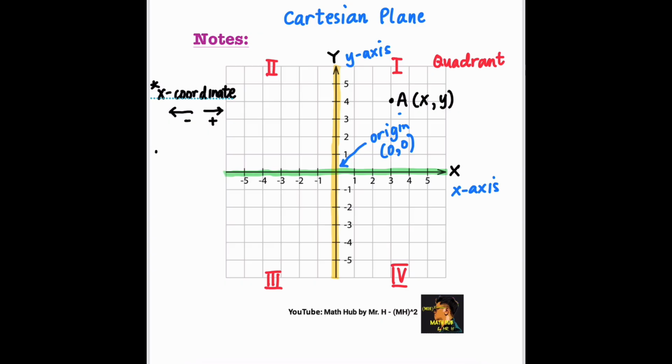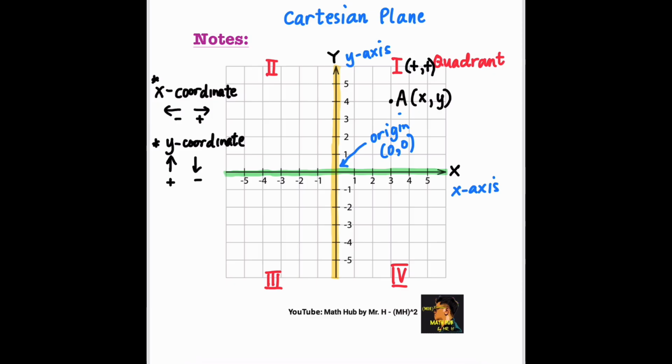Alright, so for the y-coordinate, the directions will be either going up if the y value or y coordinate is positive, and going down if the value is negative. Since this point is inside quadrant 1, definitely the sign of the x coordinate and y coordinate will be both positive.